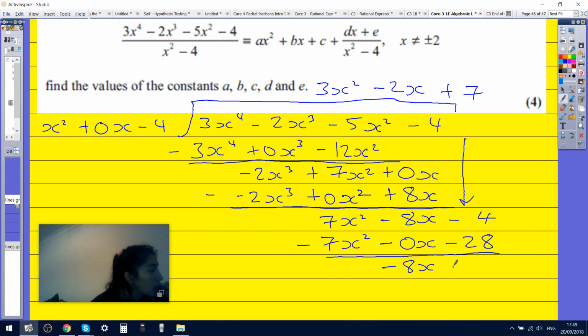I should have written minus 8 and 24. Yeah, got it. Any questions there? Nope. Okay, so that's the exam question for that one.